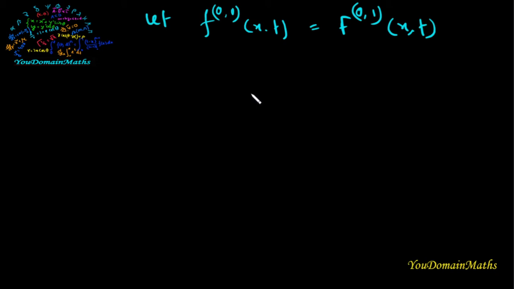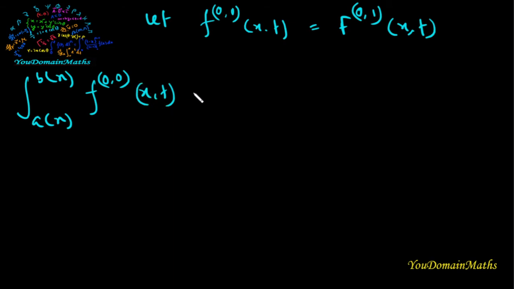Integrating both sides with respect to t from a of x to b of x, the integral of f of 0 comma 0 at x comma t dt, where t is the integrating variable, equals f of 0 comma 0, because this represents the partial derivative with respect to t.